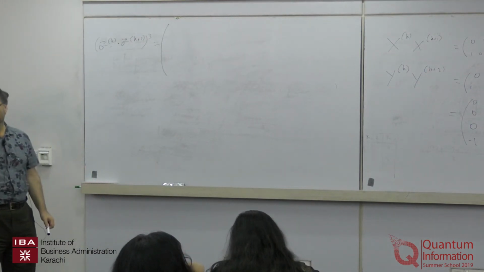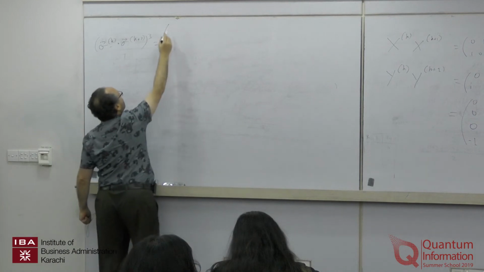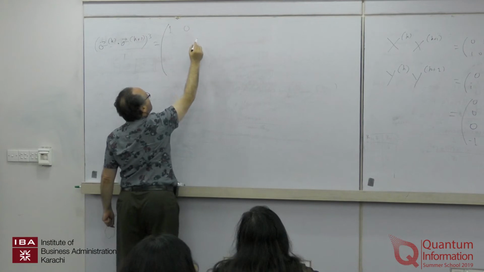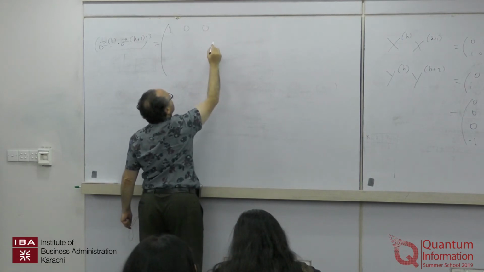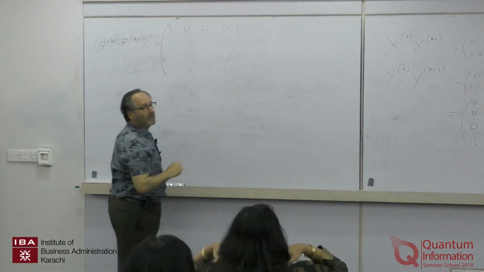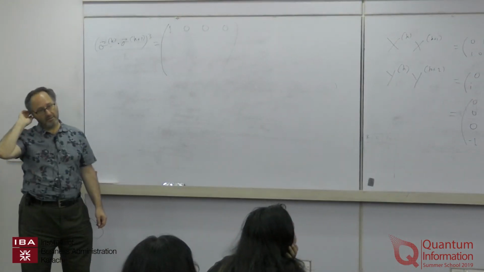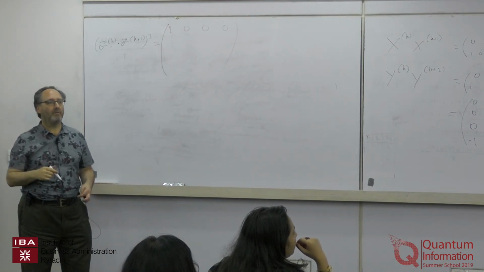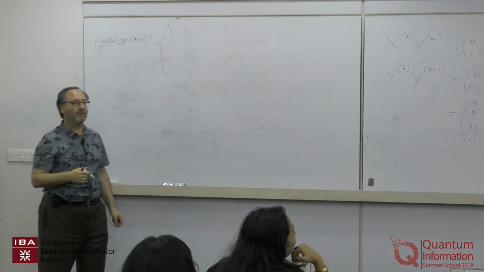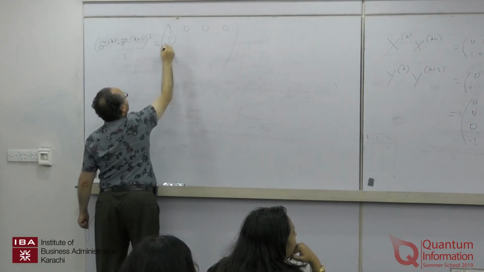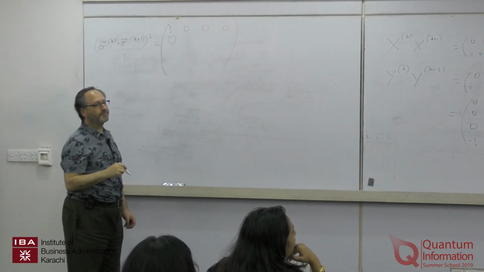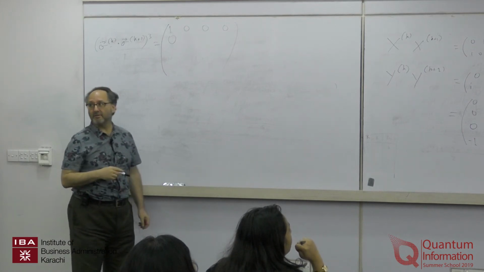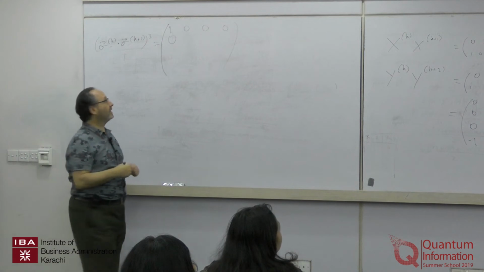First entry. 1. Next. 0. 0. Next row. Help. Come on, you're doing this. 0. There's a lot of brains in this room. Minus 13.